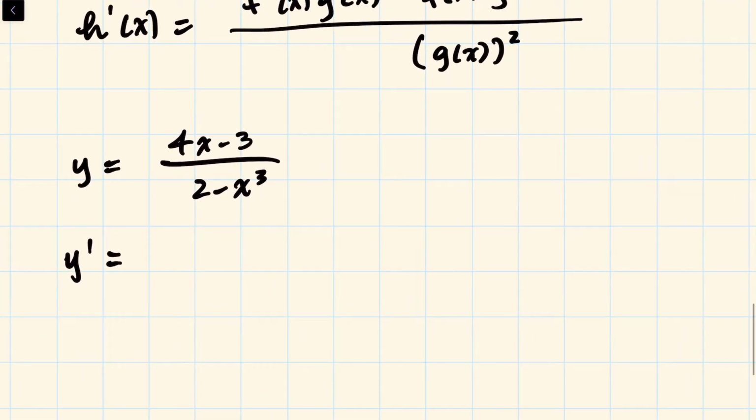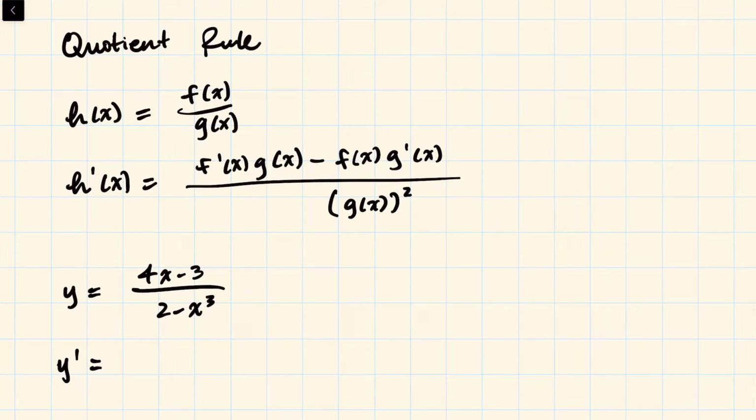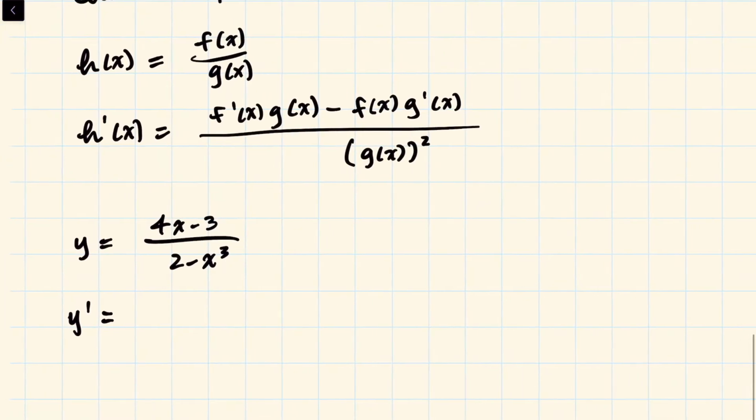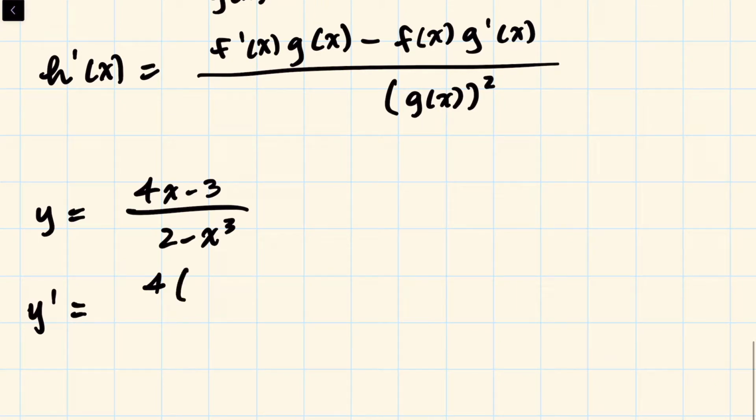So let's differentiate this guy now. So 4x minus 3 is like our f of x, and 2 minus x cubed is like our g of x, right? So our derivative of the numerator here, that's just 4, right? Because by power rule and sum difference, right? And then we're just going to write our denominator here. Kind of broke there for a moment.